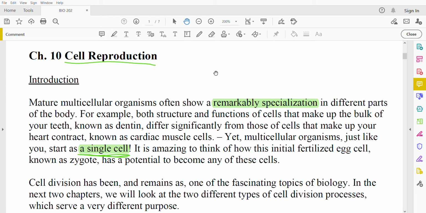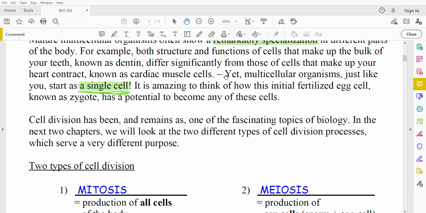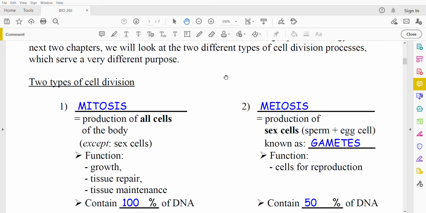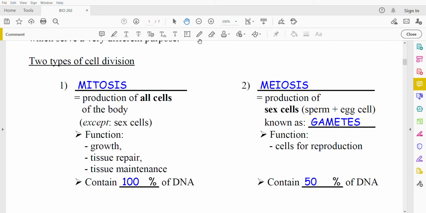So in chapters 10 and 11, we had a look at two different cell division processes and how they are both necessary, but how they also both differ from one another. The two cell division types that we looked at were mitosis and meiosis. And we started with mitosis.